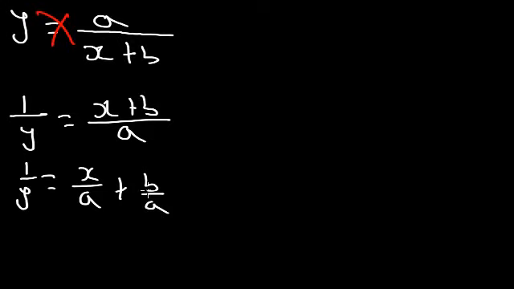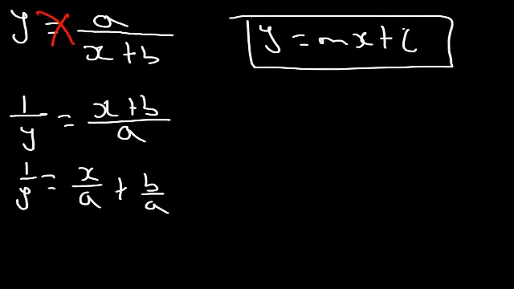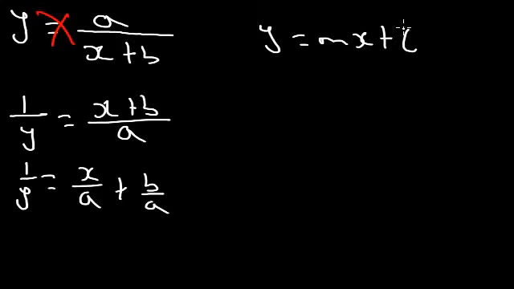The key idea whenever the given equation is not in the form of y equals mx plus b or plus c, whenever it's not in this form, is to rearrange it in such a way that you will have a constant first. Okay, that will be the key idea, and that's what we are trying to do. And now we have a constant.